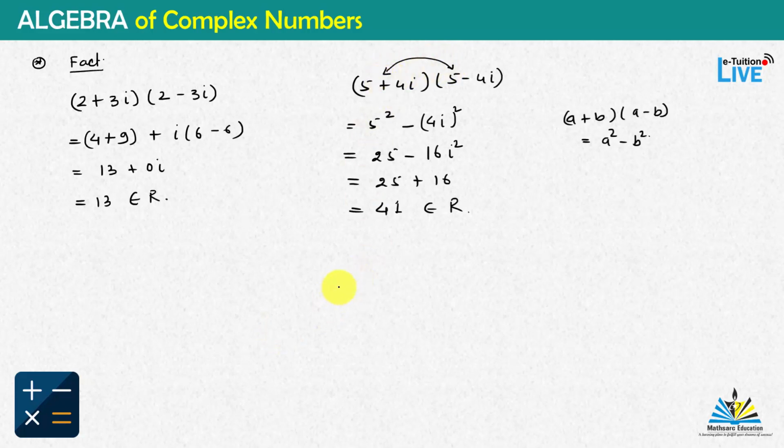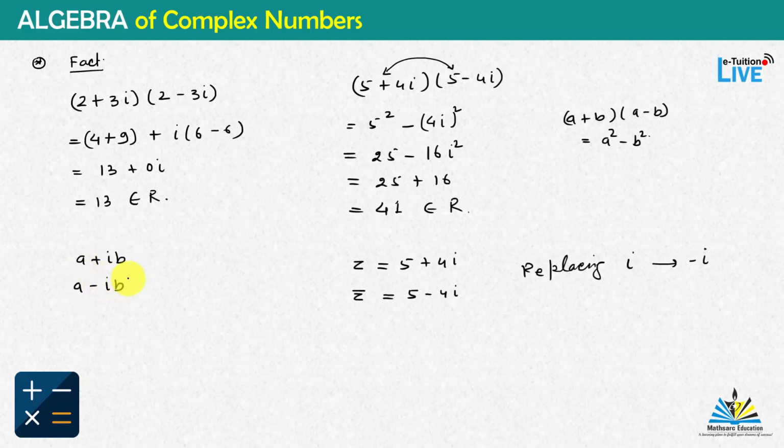Later on we will explain what is a complex conjugate. So if z is 5 plus 4i, then its conjugate is represented by z bar as 5 minus 4i, and it is obtained by replacing i by minus i. In the same way, any numbers a plus ib and a minus ib, where a, b belong to real, are conjugates of each other.